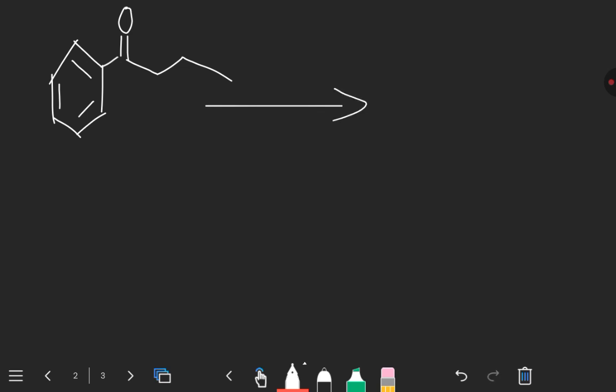Then we have the reagents, which are these.